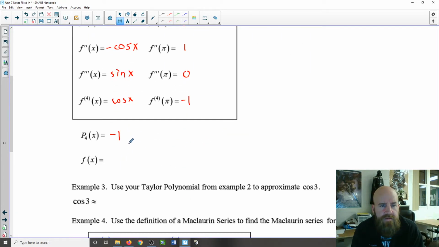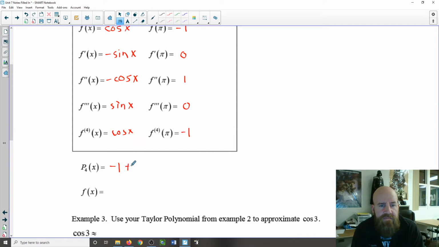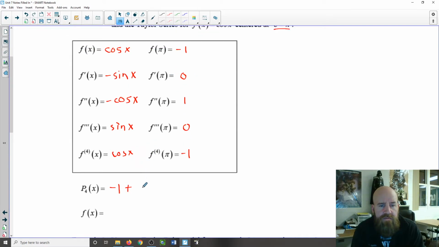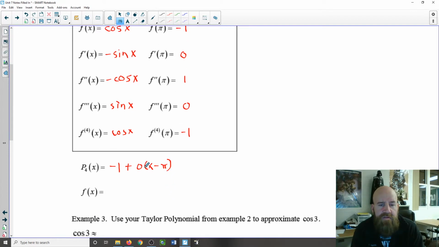So we're going to go plus 0 times x minus our center. I'm just going to write this out in the pattern. I know this would cancel out. And then the next one would be a plus 1 times x minus pi, and we have to take that quantity and square it.